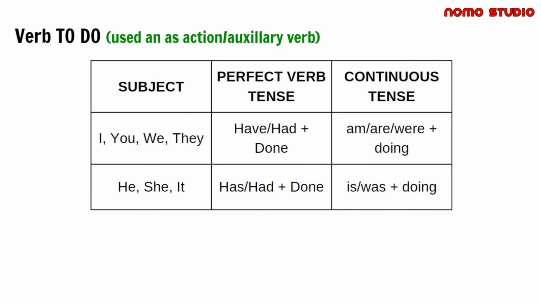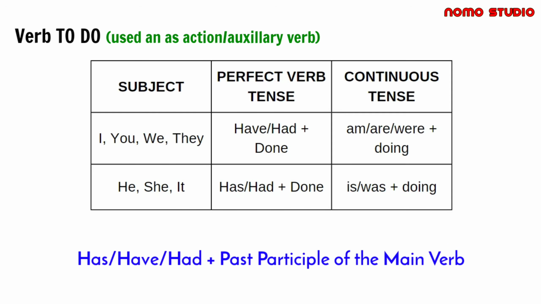These perfect tenses are formed by using the auxiliary verb has or have followed by the past participle of the main verb. So again, kapag gumamit daw tayo ng has, have, or had, dapat yung kasunod is past participle of the main verb. Please take note na has ang gagamitin kapag third person singular like he, she, and it.